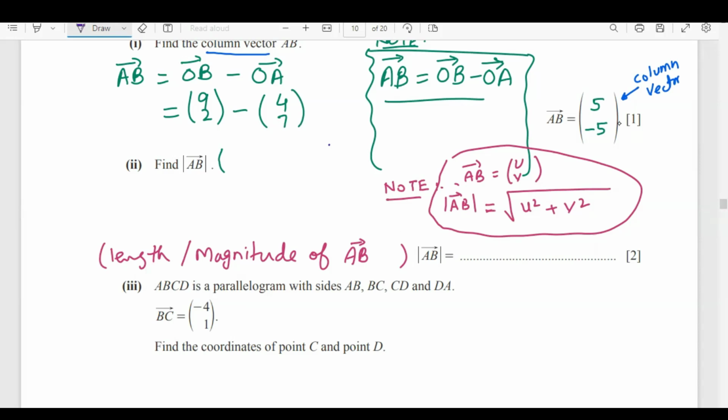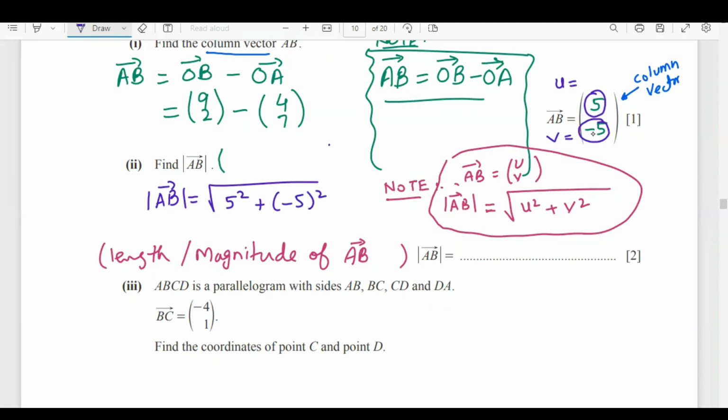Vector AB is given in the first part, so this 5 is u, the value of u is 5, and the value of v is minus 5. So magnitude of AB equals the square root of 5 squared plus minus 5 whole squared.